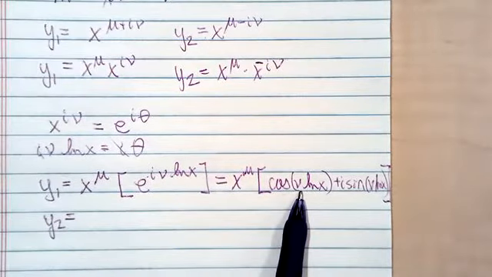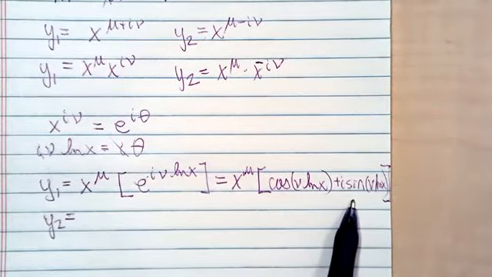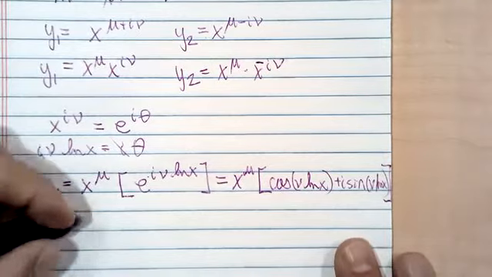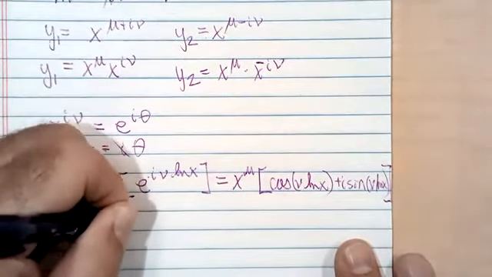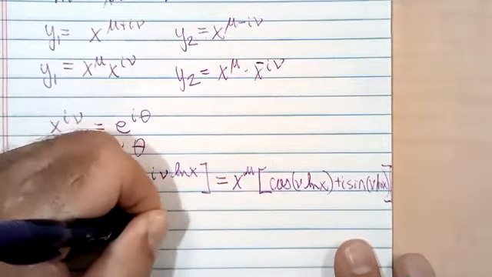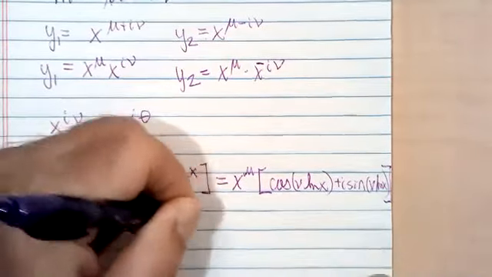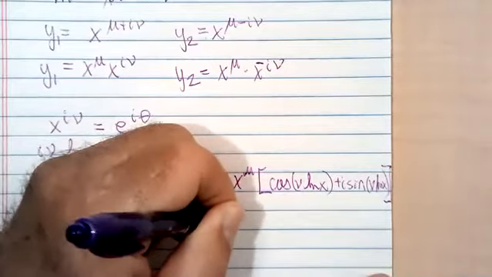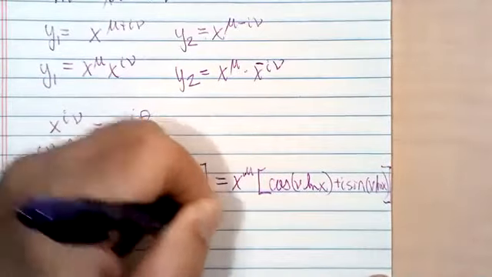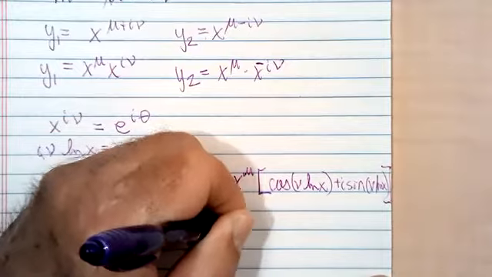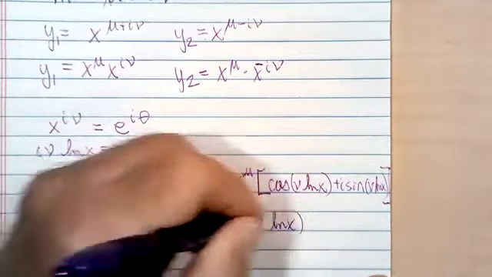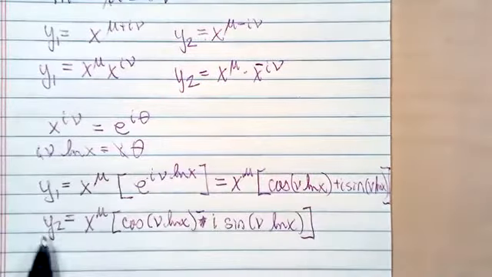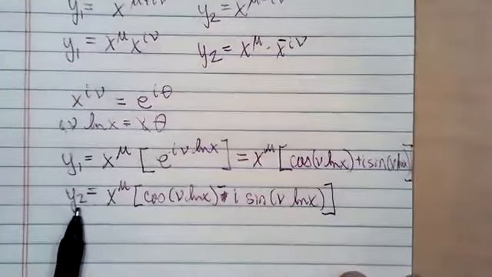Well, the cosine is an even function. It doesn't care if you put a negative in there, but the sine is going to have a minus. So x to the mu cosine nu log x plus i, rather minus i sine nu log x. Now, you can do with this exactly what we did with the complex exponentials.